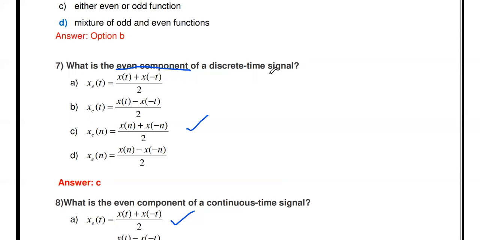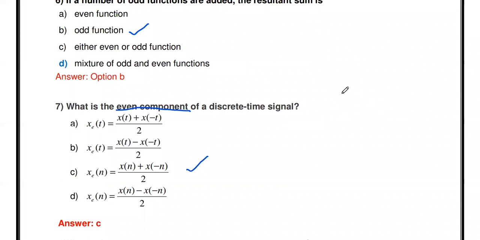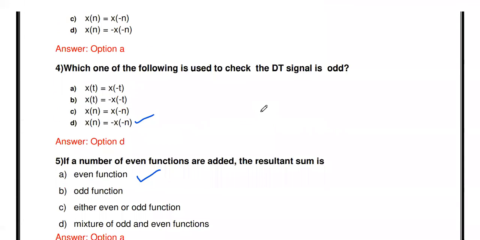Note down these points: for an even signal, the odd component x o of t or x o of n is 0. If a signal is an odd signal, the even component is 0. For an odd signal, only the odd part is available. For an even signal, only the even part is available. So these are some of the things about this part.